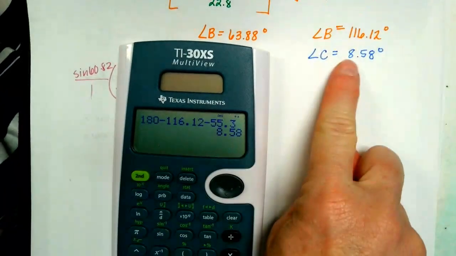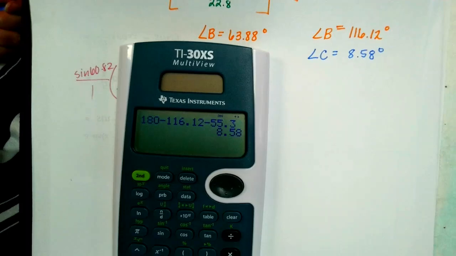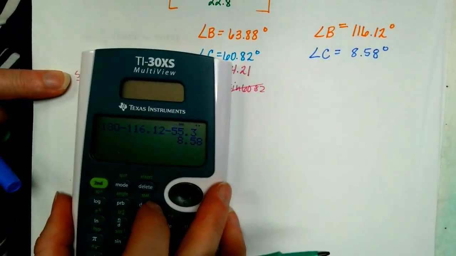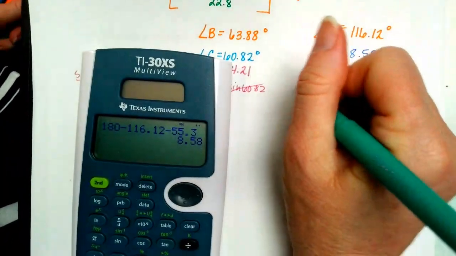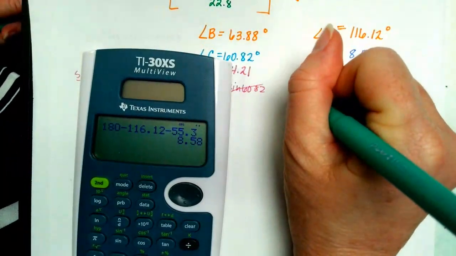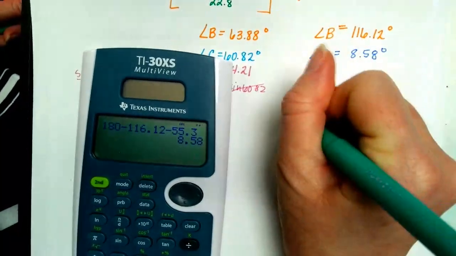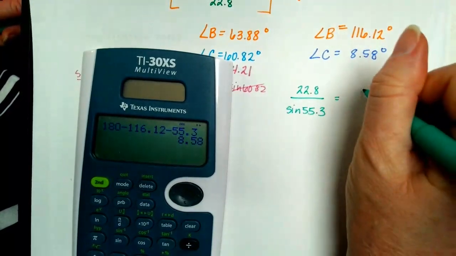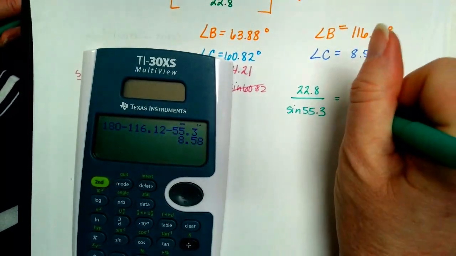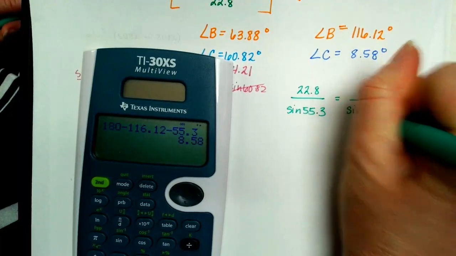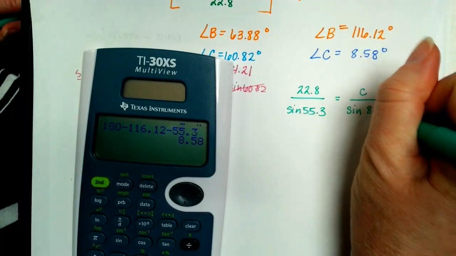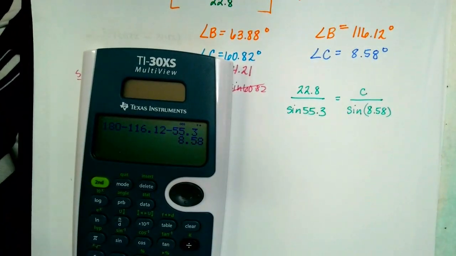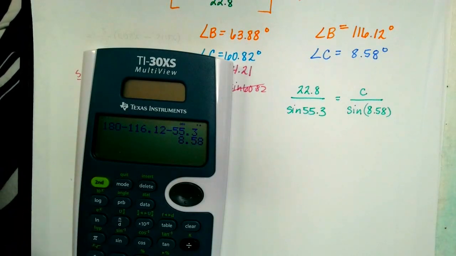And now if that's the angle, I have to find the side that would be across from it. So I set up law of sines with sides on top, going back to the original ratio. So 22.8 over sine of 55.3. Looking for side C. Clear the sine.